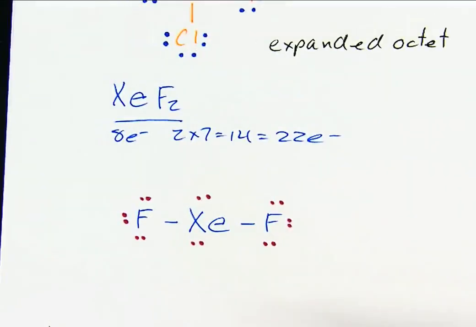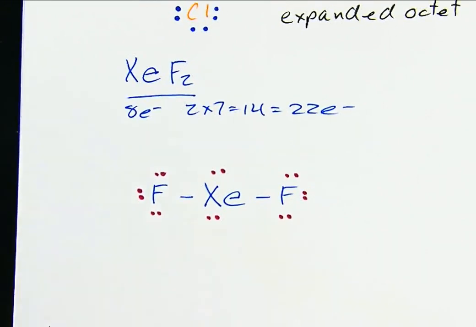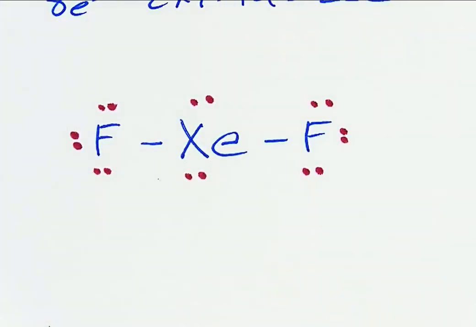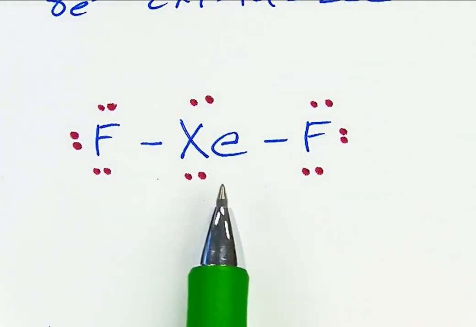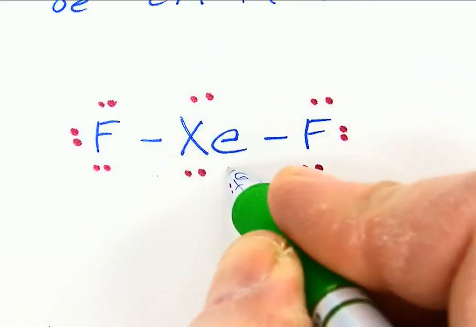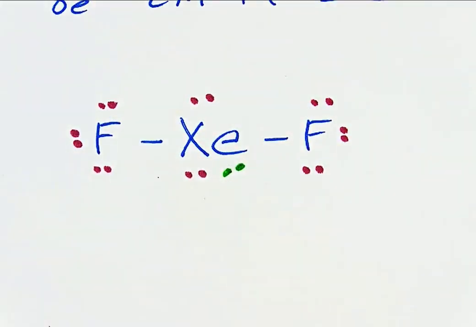Now what do we do? Well, this is why we have an expanded octet. If we look at this closely, we've only got 20 electrons, but we still have 2 more to go. And it turns out that they go on the central atom, because the central atom is actually big enough to do that.